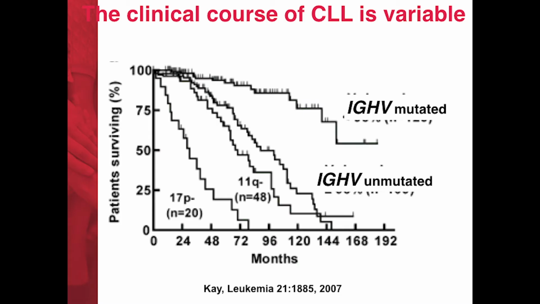This slide is not meant to scare you, it's basically just to show you that the biology of CLL cells is very different. In those days, we really didn't have good treatments for these types of CLL subtypes. Now we do. So this slide is really out of date.